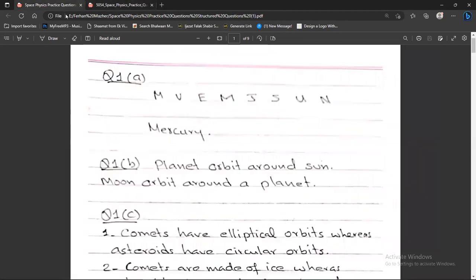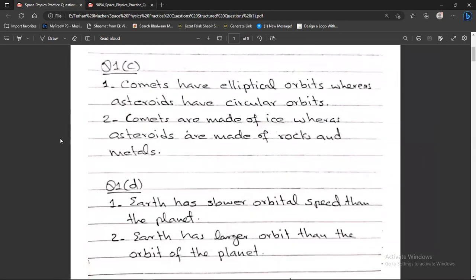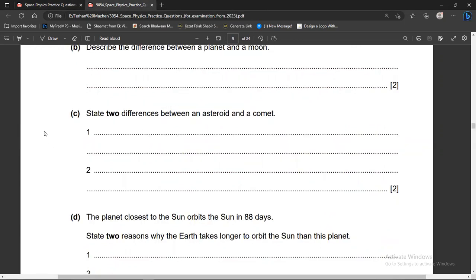So let's have a look at what I have written. Comets have elliptical orbits, whereas asteroids have circular orbits. Comets are made of ice, whereas asteroids are made of rocks and metals.